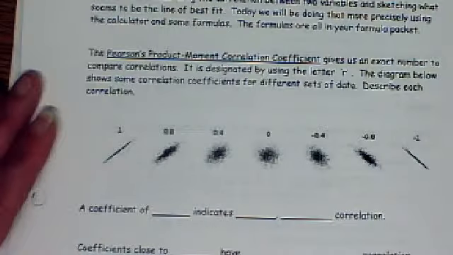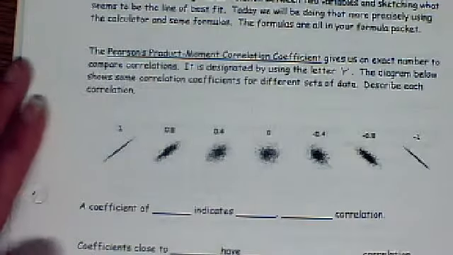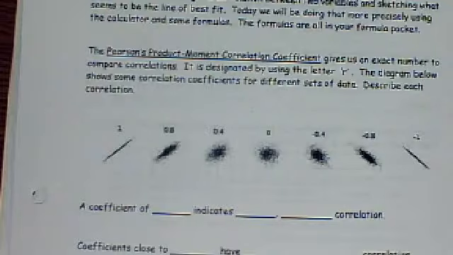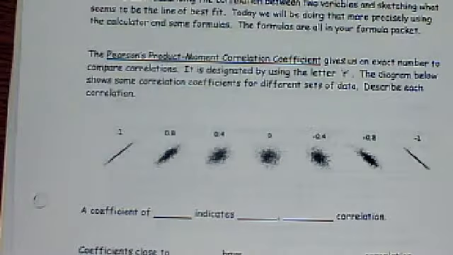It's designated by an R. This diagram shows patterns that would have certain R values. Notice that when we have a 1, it's positive, and the points are really, really close together. It's almost like they're in a perfect line. When we get to -1, again, they're really close together, but they're going down.